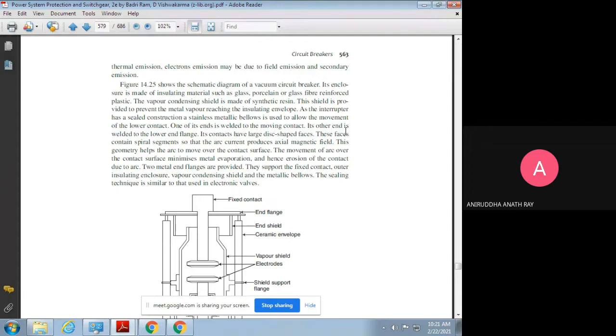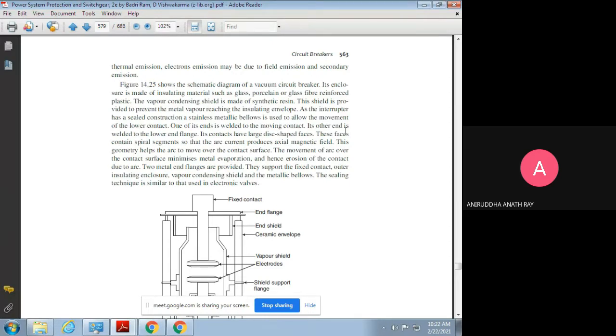As the interrupter has a sealed construction, a stainless steel metallic bellows is used to allow the movement of the lower contact. One of its ends is welded to the moving contact, and the other end is welded to the lower end flange. Its contacts have large disc shaped faces.